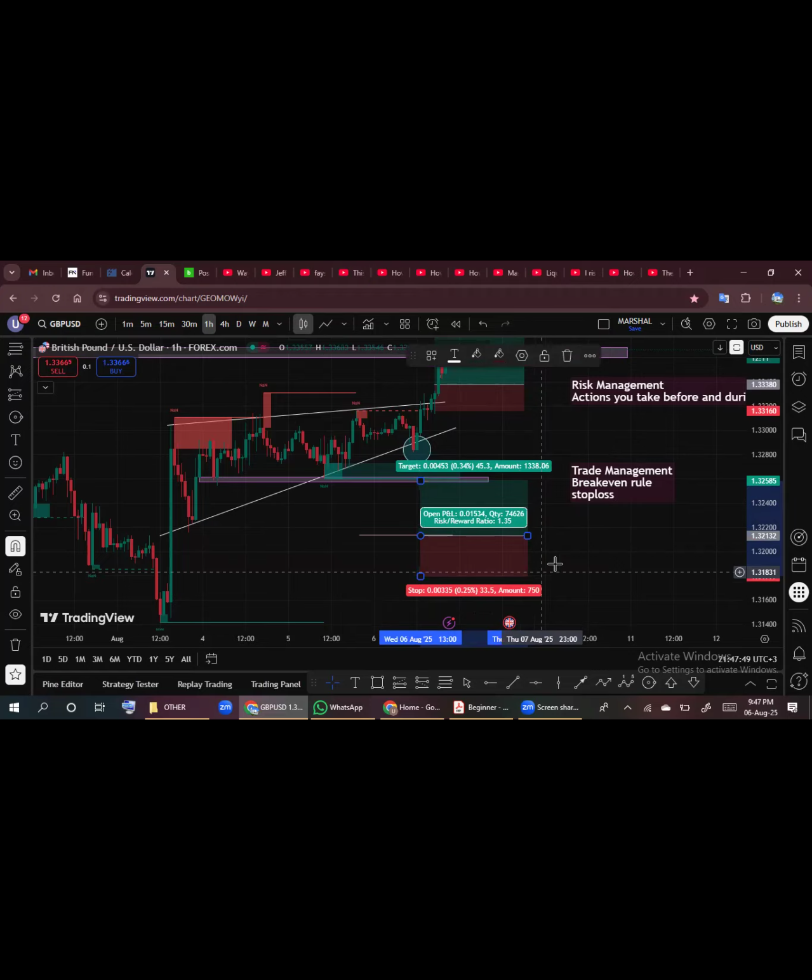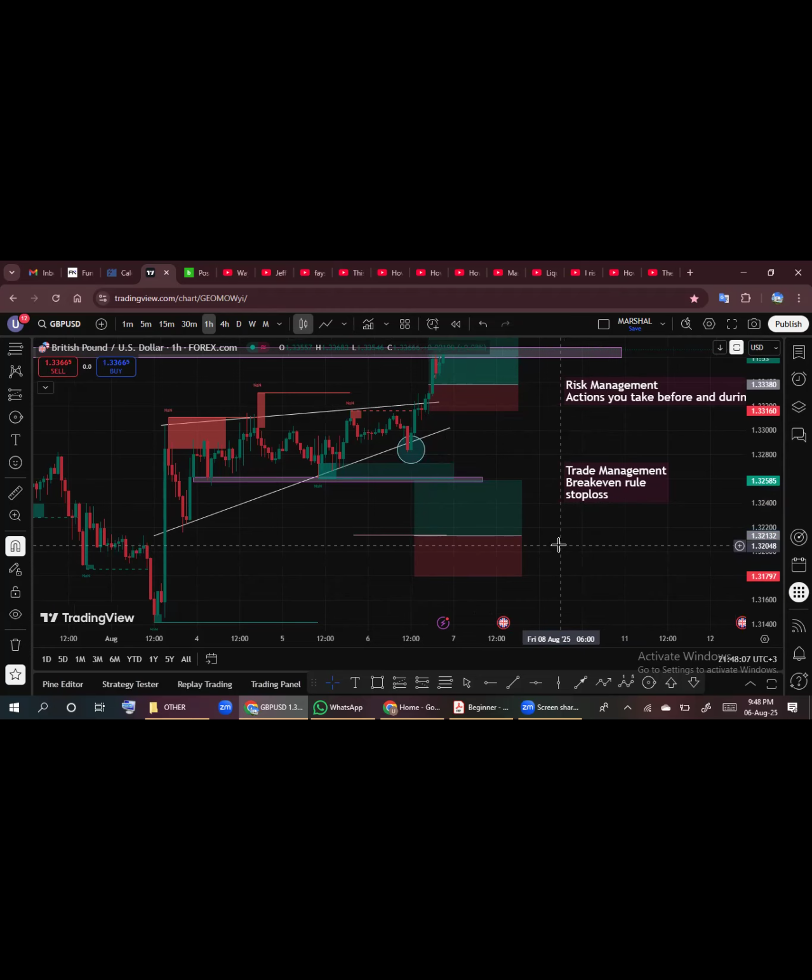The planning of the trade involves you analyzing the market, waiting at an entry zone, and waiting to see your confluences, that if the market shows me 1, 2, 3, 4, or 1, 2, 3, then I can buy or I can sell.